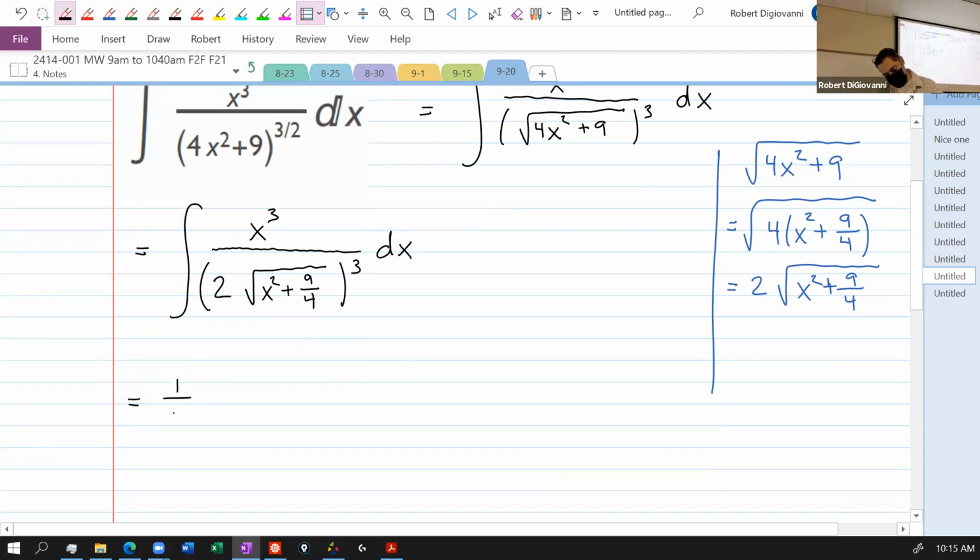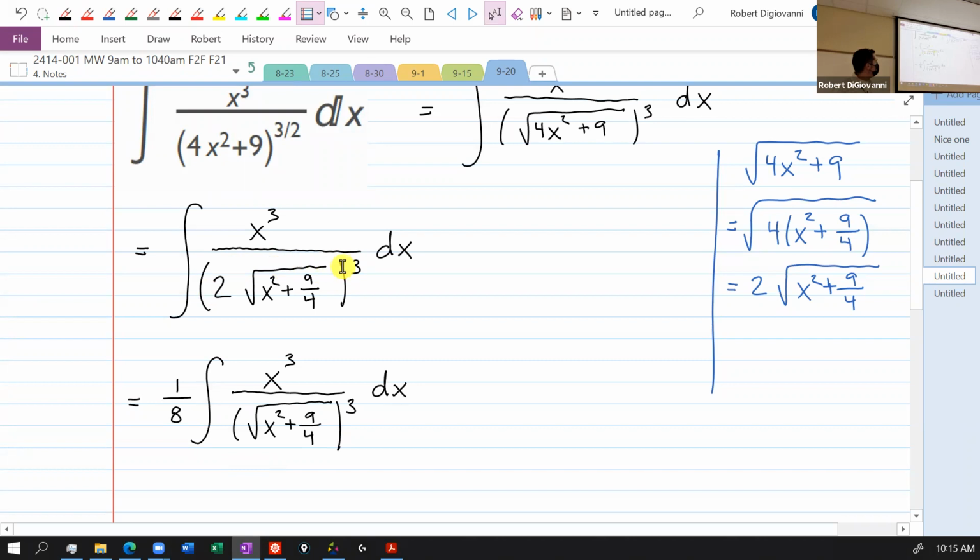I'm going to pull out a 1/8, integral x cubed over the square root of x squared plus 9/4, all of that quantity cubed, dx. Y'all see how I got the 1/8 on the outside? I went ahead and cubed the 2 and then cubed the root. When I cubed the 2, it became an 8, and then it was free from the parentheses, so it came out as a 1/8. This root is still being cubed, so I just have to write it like that. Any questions?